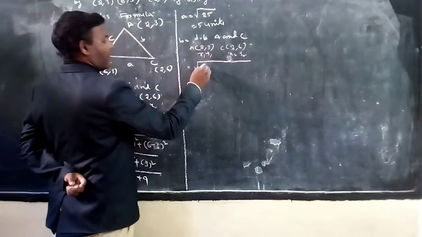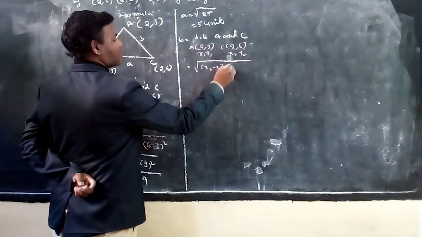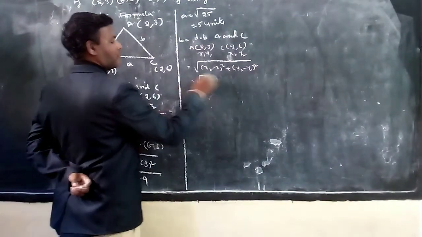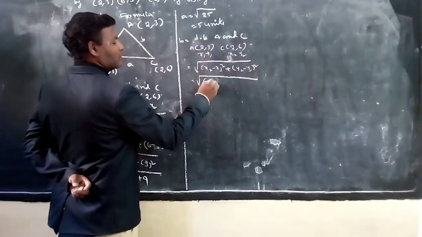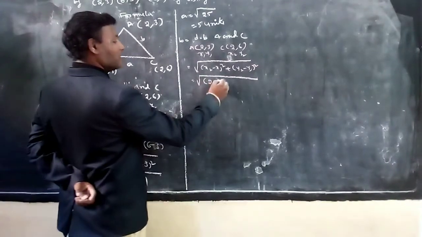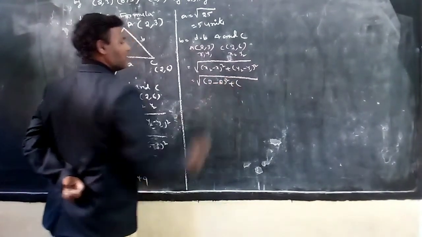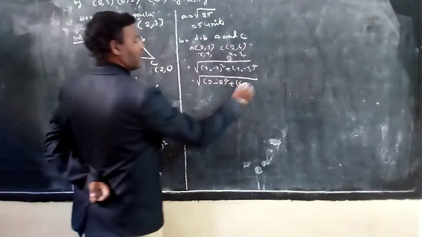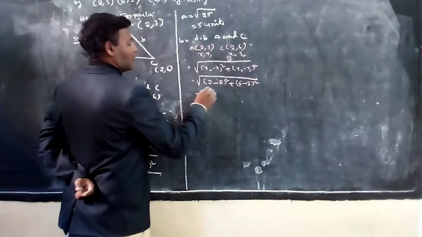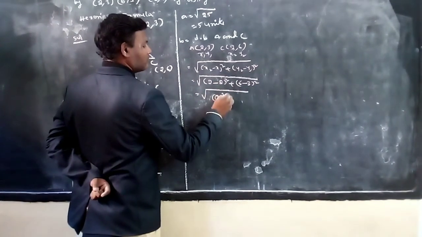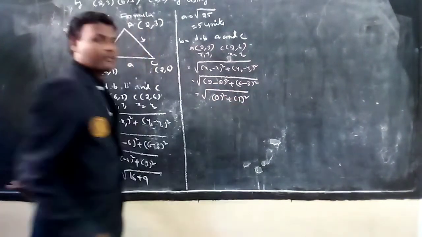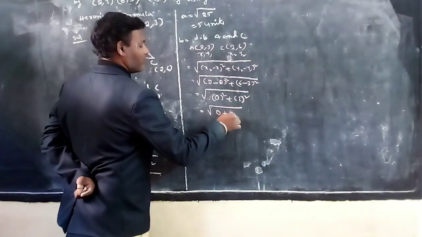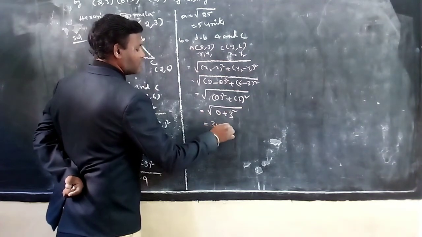By the distance formula, the square root of (x2 minus x1) whole square plus (y2 minus y1) whole square, that is the square root of (2 minus 2) whole square plus (6 minus 3) whole square. 2 minus 2 is 0, and 6 minus 3 is 3 whole square. 0 square is nothing but 0, so 0 plus 3 square. 3 units.